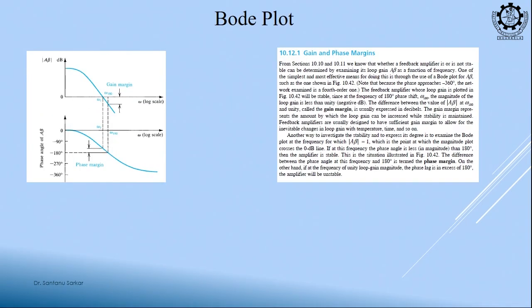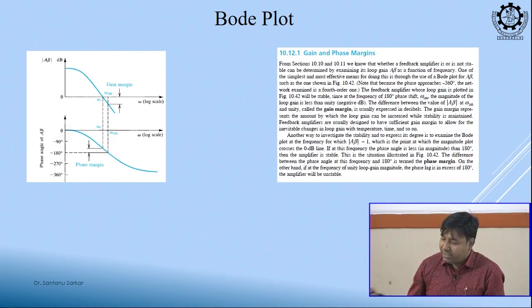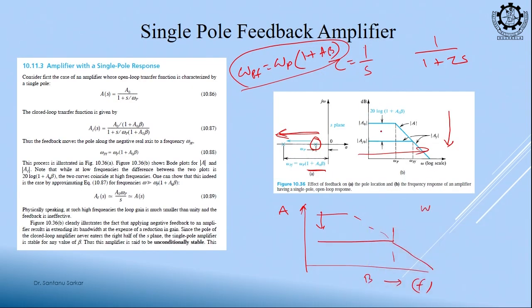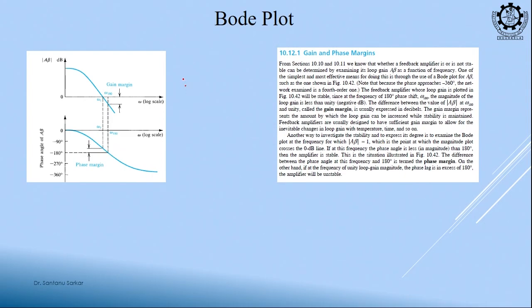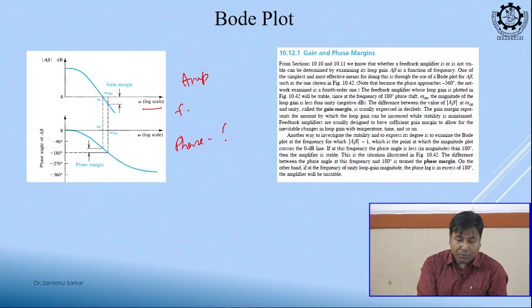The same concept applies in the Bode plot. This is the amplitude plot with frequency, and this is the phase plot with frequency. This is known as the Bode plot, which you will also learn in the control theory class. So you can understand that so many subjects are interlinked.